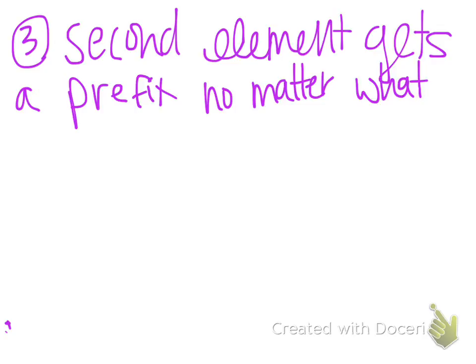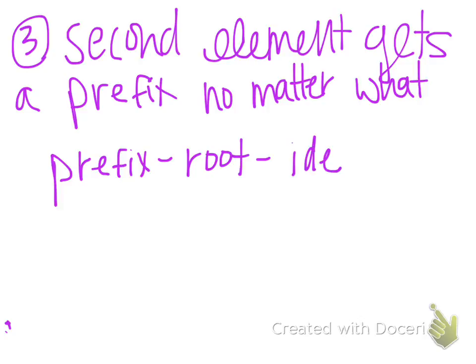So they always get a prefix. And the way that the second element works is like this. We have prefix, then the root of the element name, and then it ends in IDE. Just like our anions did before.